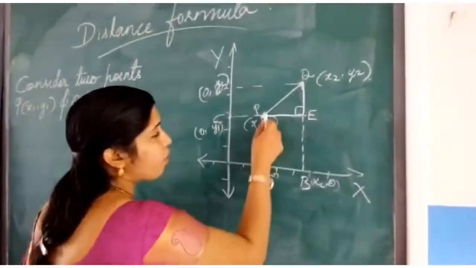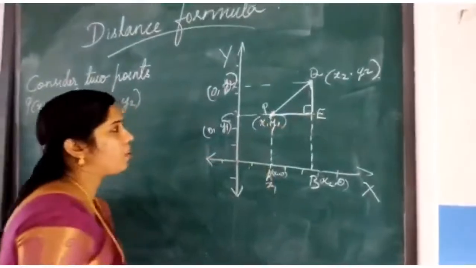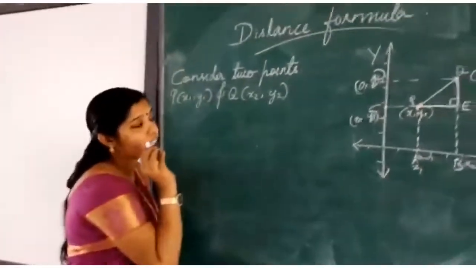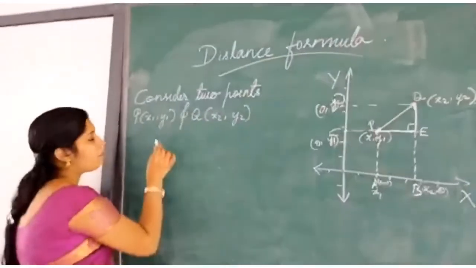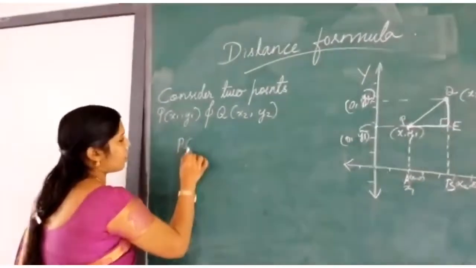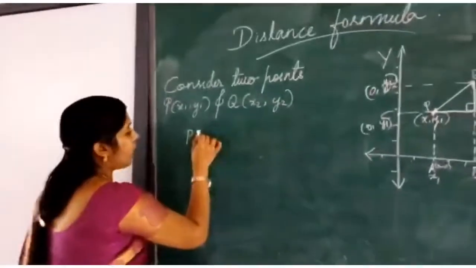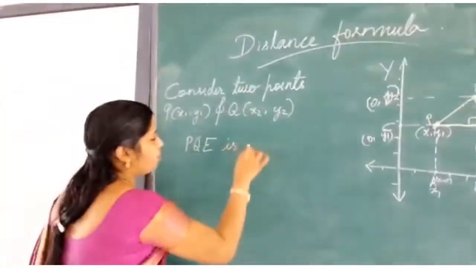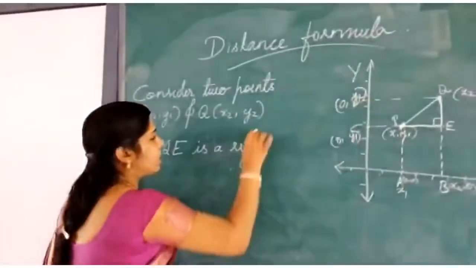Now, how can we apply the Pythagoras theorem? We are intent to find the distance PQ, and we have found that PQE is a right angled triangle.